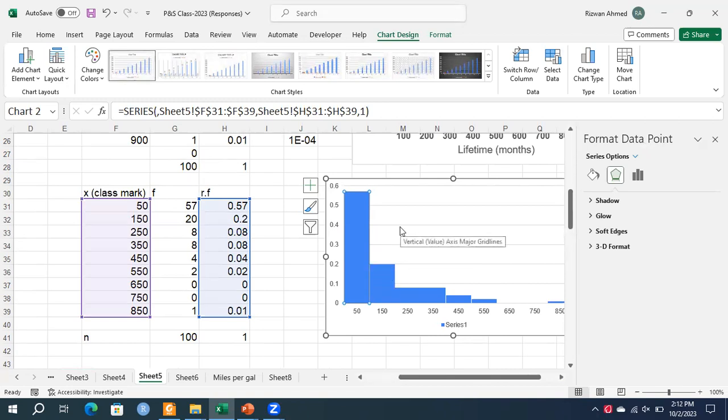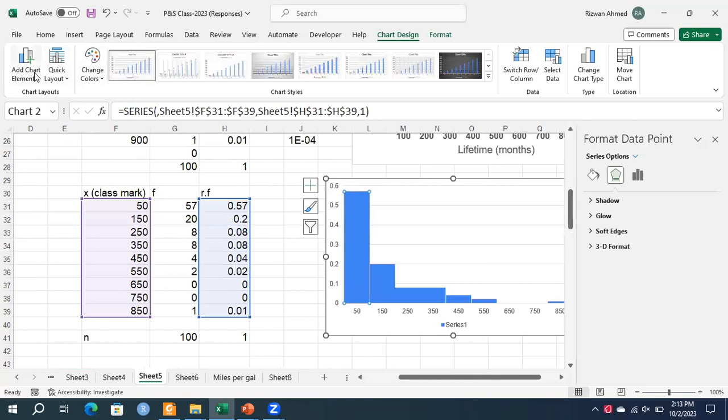Now, this relative frequency, if the variable, in our case the lifetimes, is a discrete variable, then up to this representation the graph is complete, the information is complete. Well, we have to add the axis titles. This is known as the probability mass function, PMF.